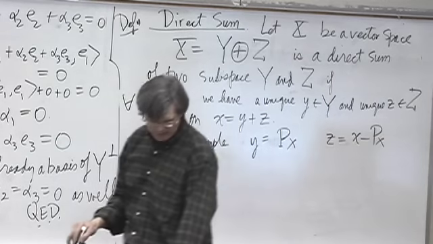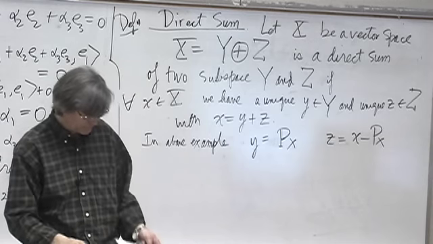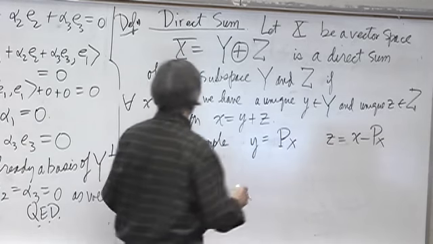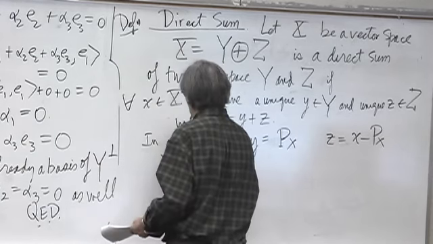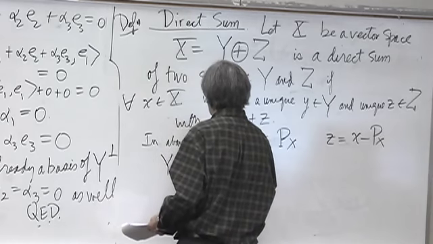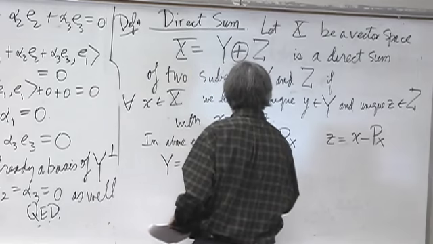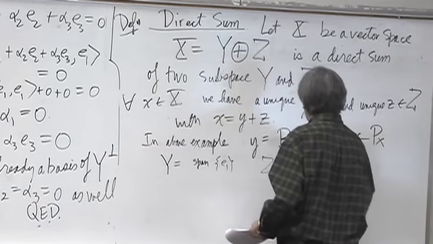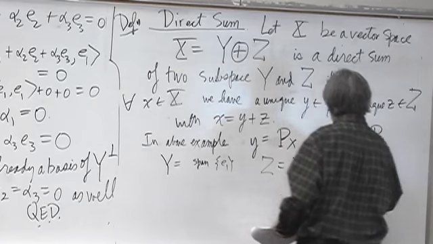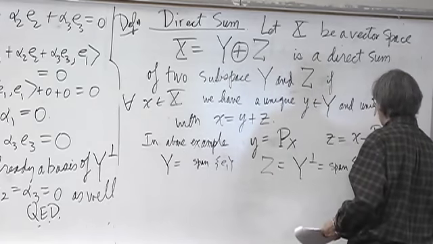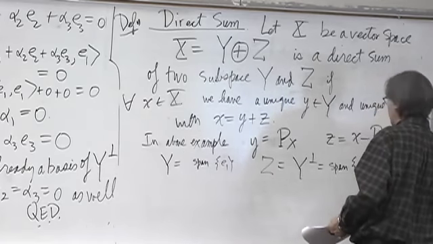Why is it unique? Here Y equals the span of E1 and Z equals Y perp, which equals the span of E2, E3 that we had up there.